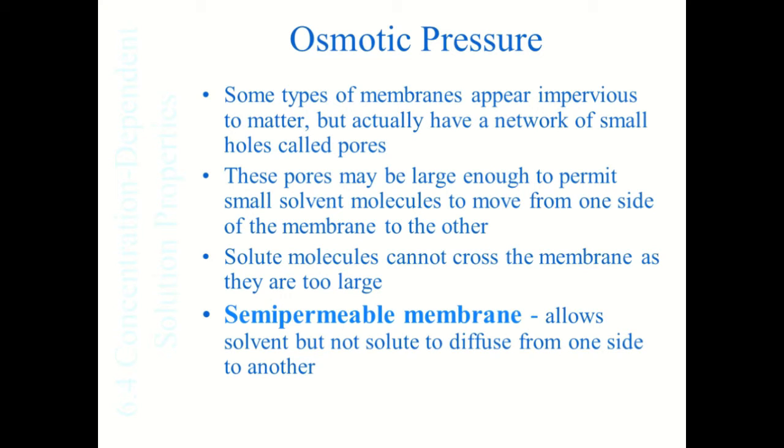Water can pass through the membrane, but all the other particles, like the salt particles or the glucose particles, can't move across the membrane. It's only the water. And if the osmotic pressure is high enough on one side, it's going to push the water towards the other side until the osmotic pressures are equal. And then the water will stop moving across the membrane.